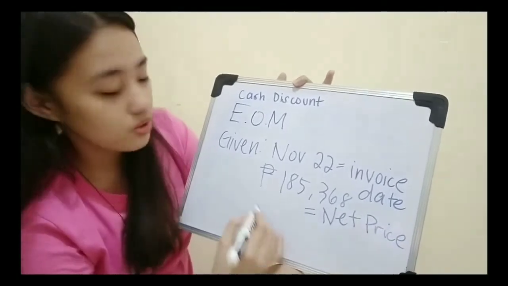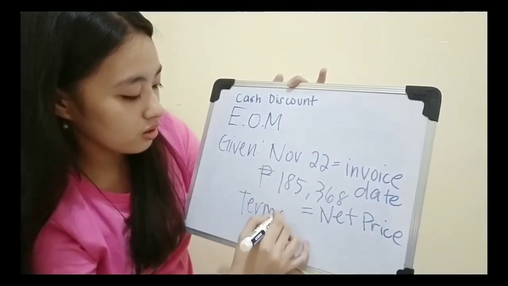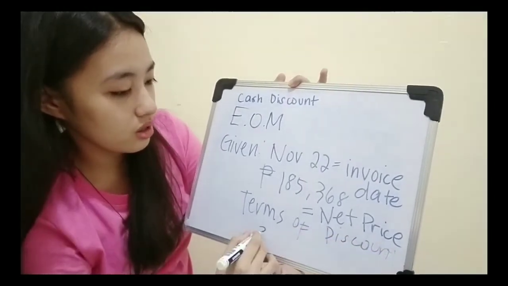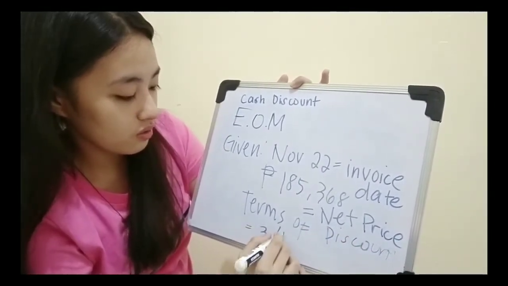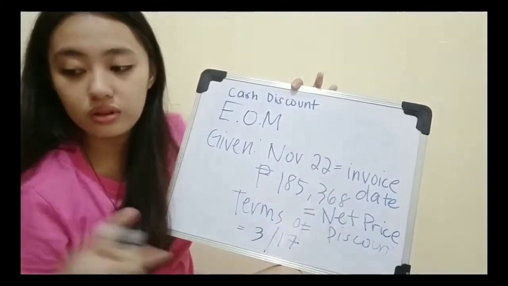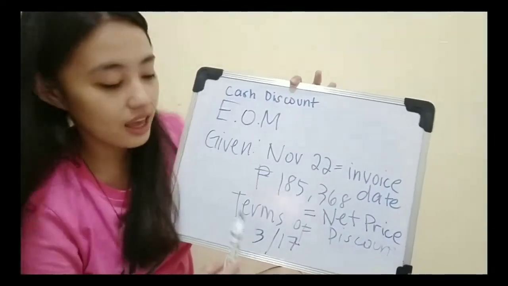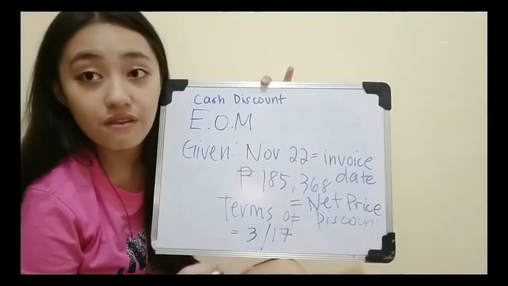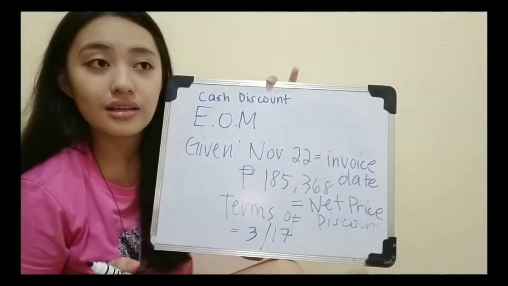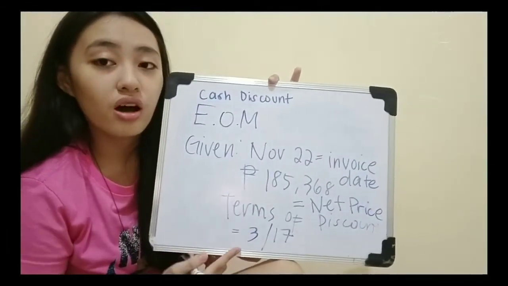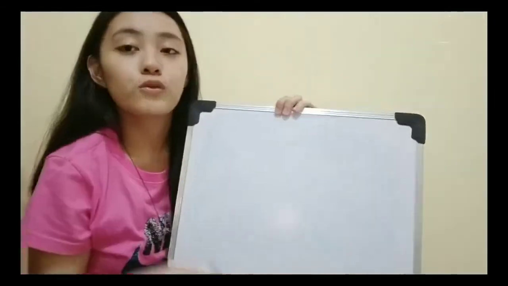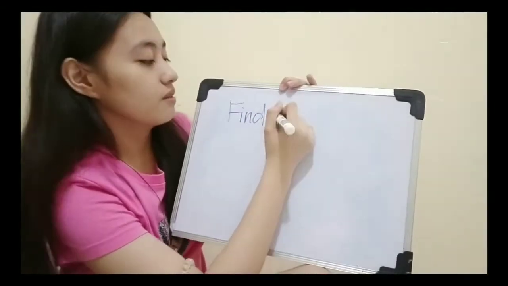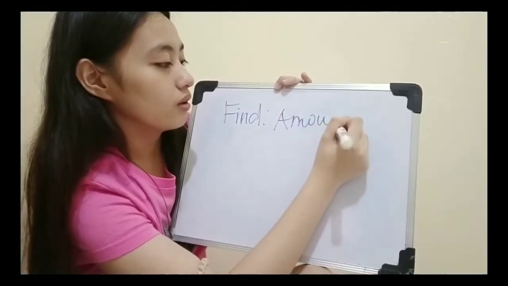And lastly, the terms of discount would be 3/17. So, 3 represents the discount rate, and 17 is the number of days. It means if nakapagbayad ka within 17 days, and magsa-start ang counting sa end of the month, then makukuha mo ang 3% na discount. So, in this problem, what we're going to find is the amount payable.